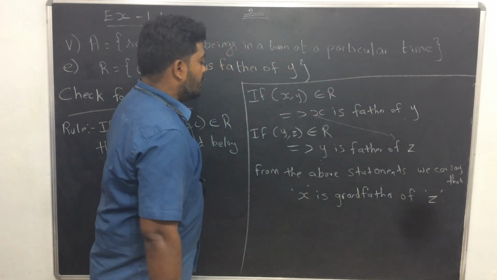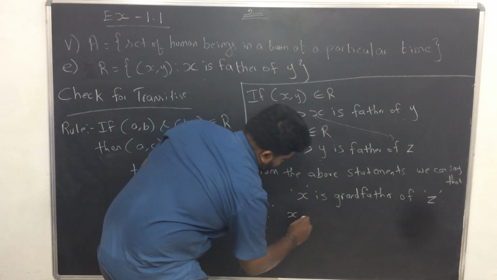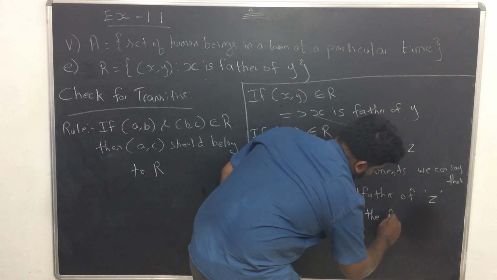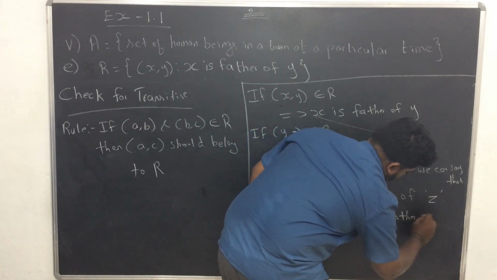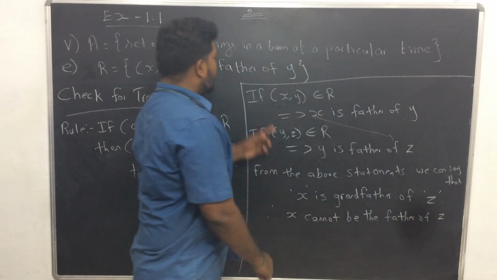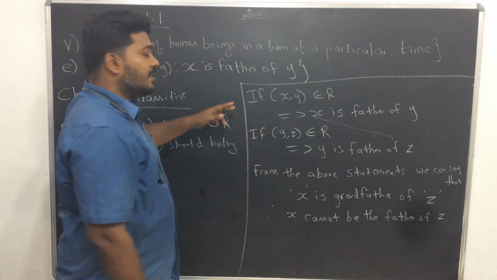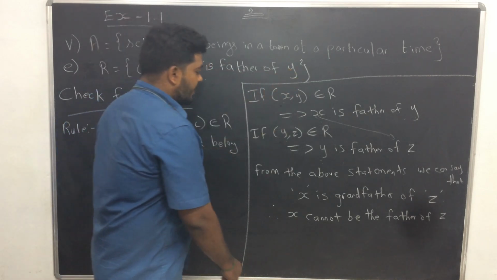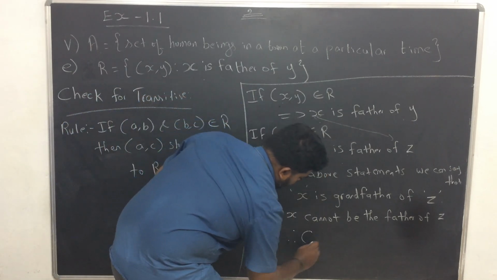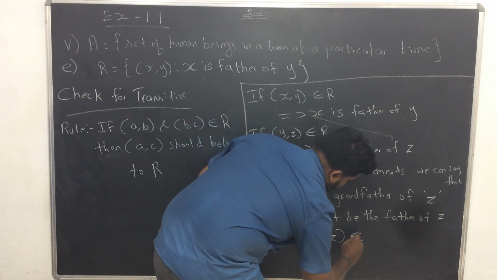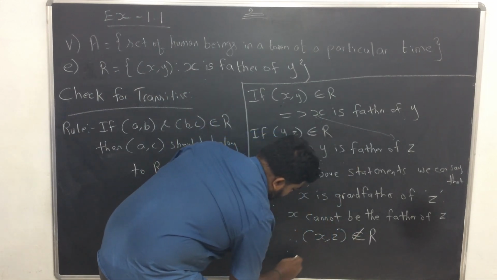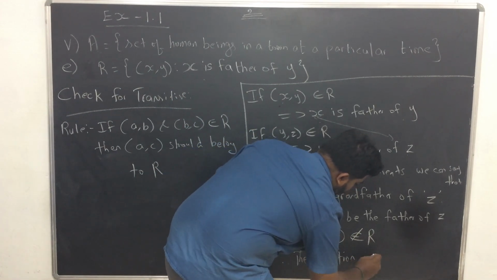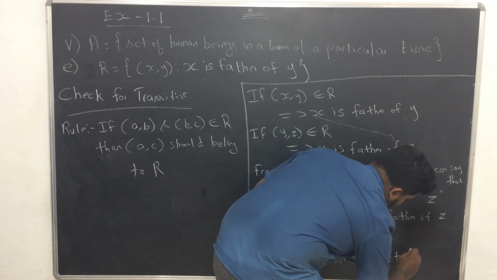Therefore, x cannot be the father of z. But the condition for the relation is that x has to be the father of z. So what we can say? Now therefore x comma z does not belong to R. Therefore the relation is, is it transitive or not? Not transitive.